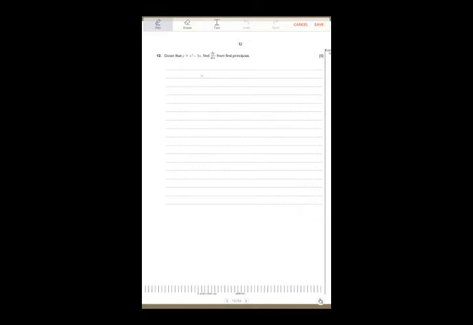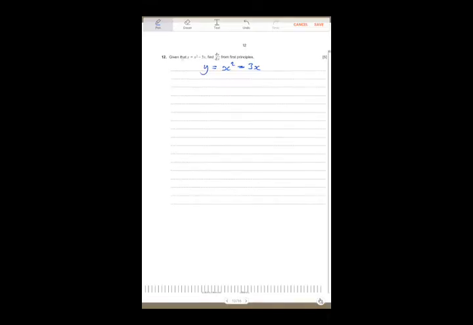So we start off by writing the equation at the top. And then on the second line, instead of y, we write y plus delta y.